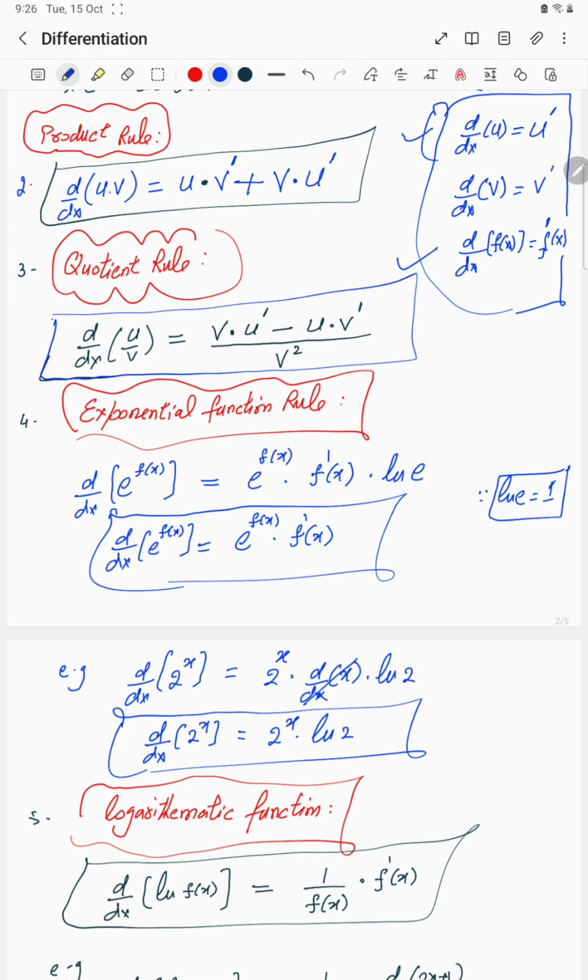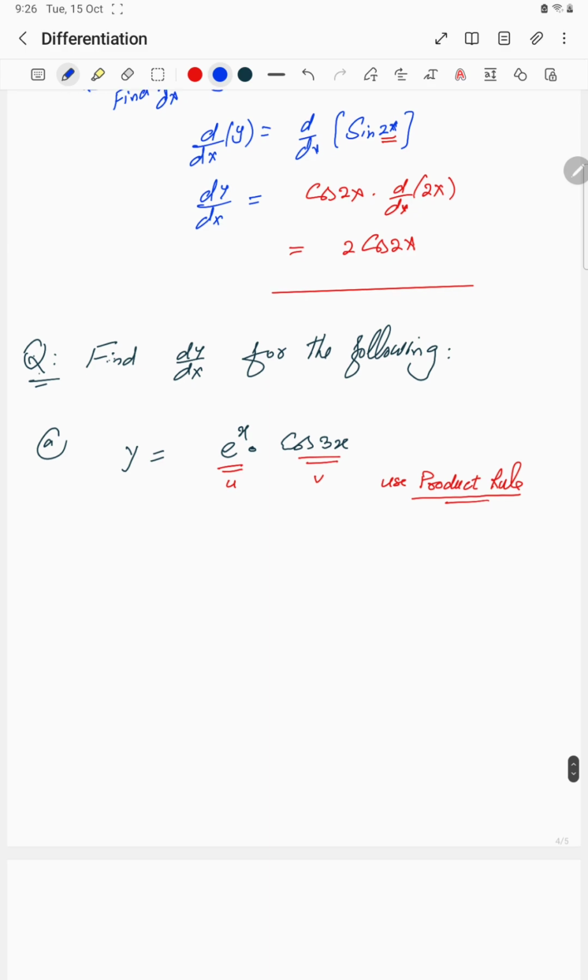So according to the product rule, we write dy by dx equals e power x, which we let be u, times the derivative of v only first, plus v as it is times the derivative of u, that is e power x. As we know, e power x stays as it is.